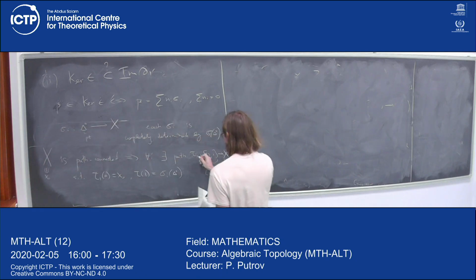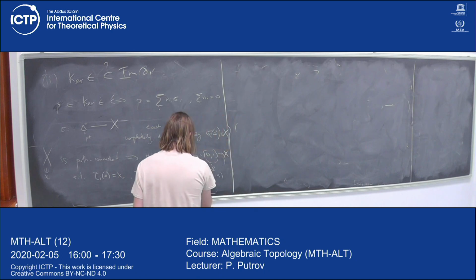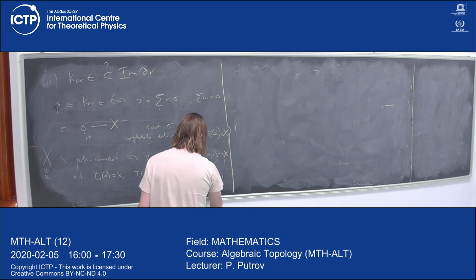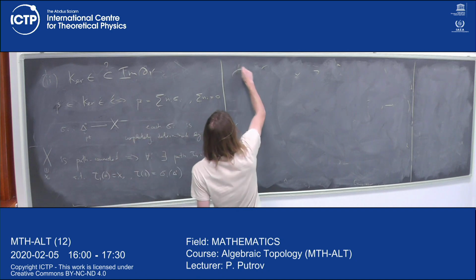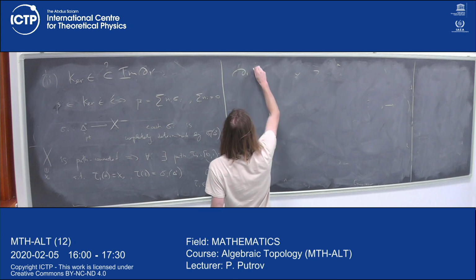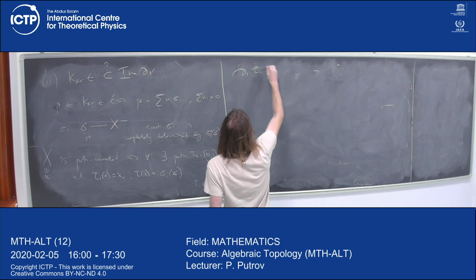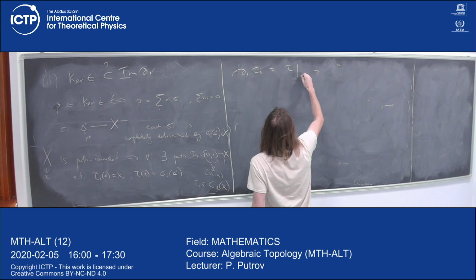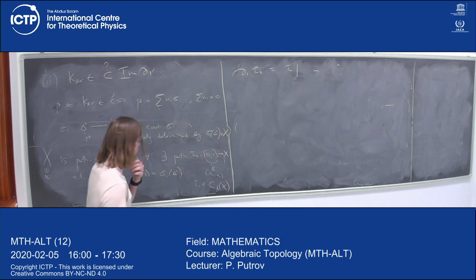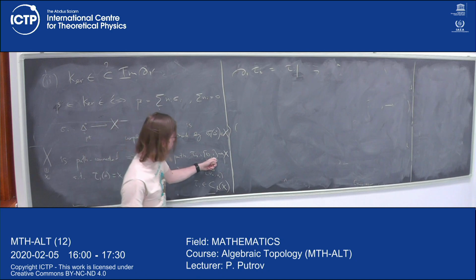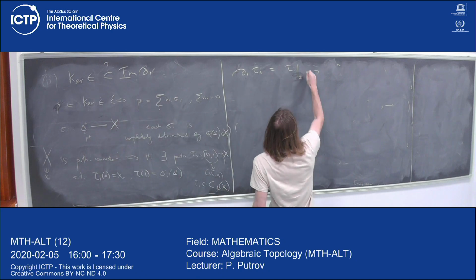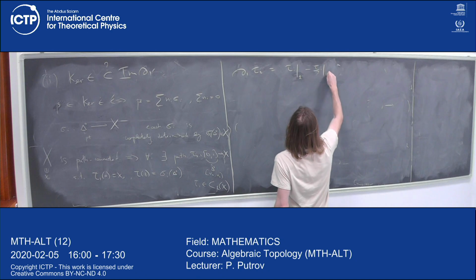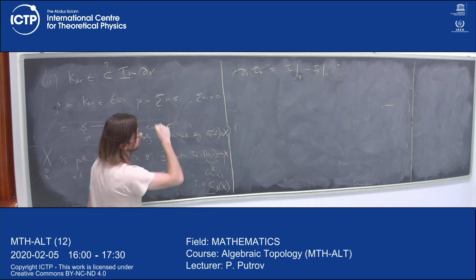So if I understand this as an element in C1 of x, I can calculate the value of the boundary homomorphism of each of these Ti's. By definition, this is the restriction of Ti to the end of the interval, which is 1, minus the restriction of Ti to the beginning of the interval, which is 0.